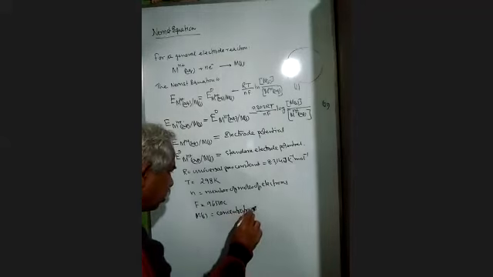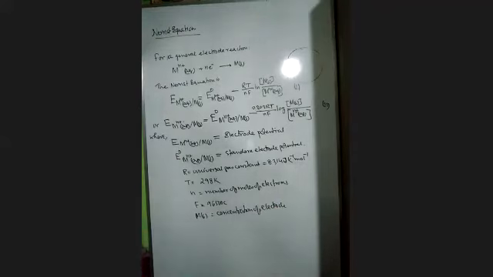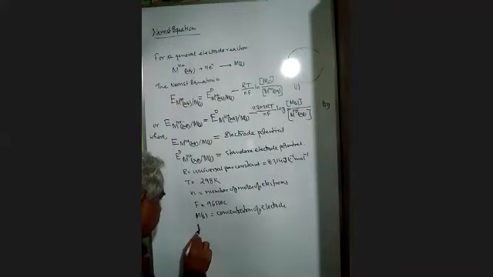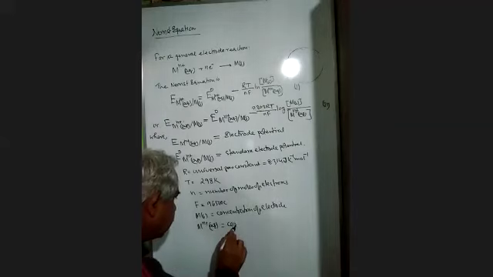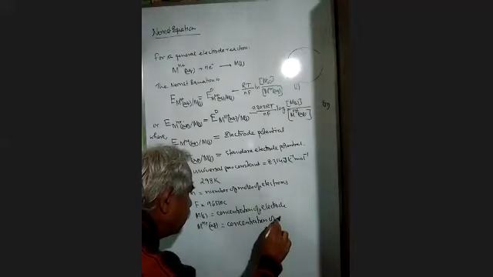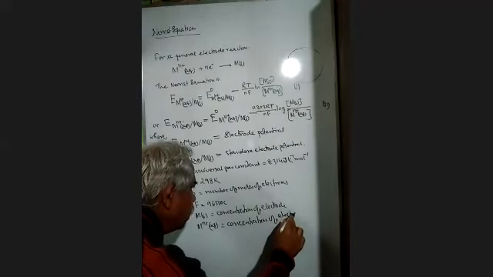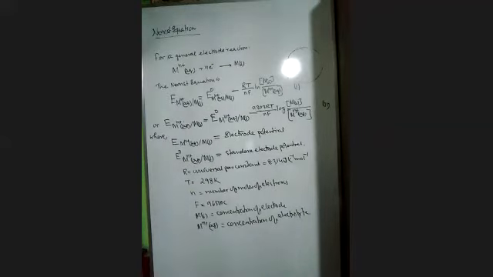Concentration of electrode, and Mn+ aqueous is concentration of electrolyte, or you can write concentration of metal ions.